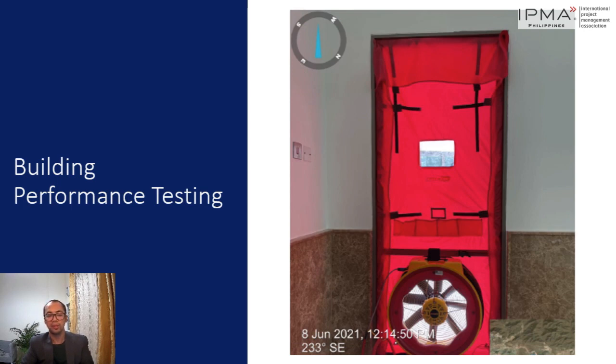Here we conduct a blower door test, that is to pressurize the space to meet a certain pressure and determine the air leakage rate of the building. So this is very important to achieving the net zero target of the project.